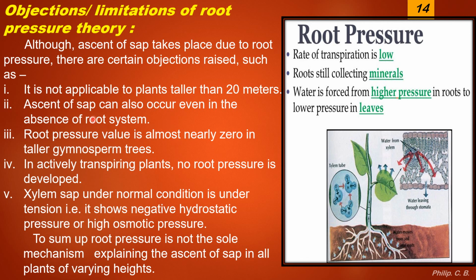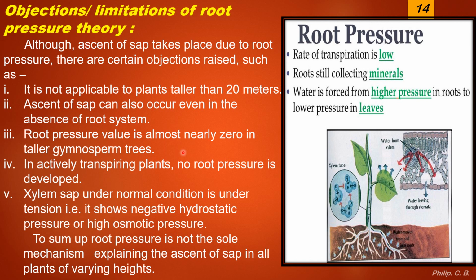Then second point, ascent of sap can also occur even in the absence of root system. As we learned in the previous slide, ascent of sap takes place by root pressure, but without a root system, even then the ascent of sap continues. Then third point, root pressure value is almost nearly zero in taller gymnosperm trees.